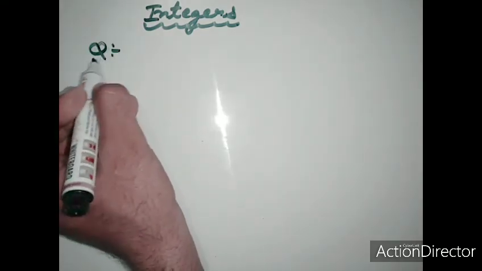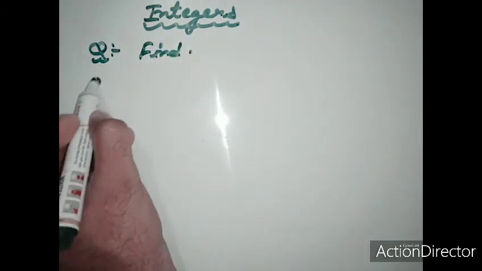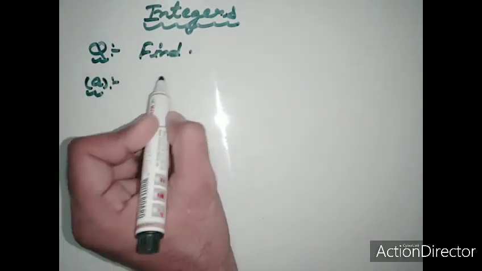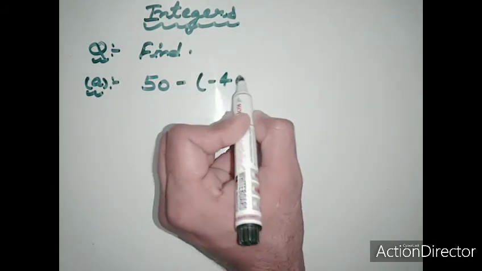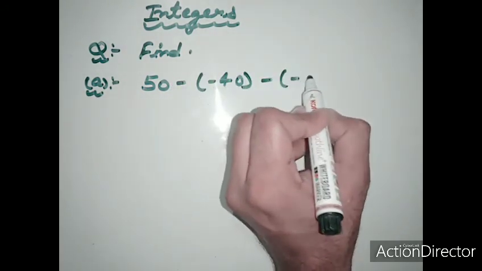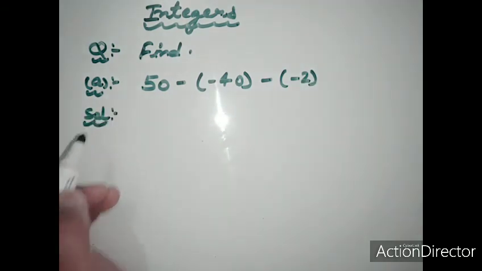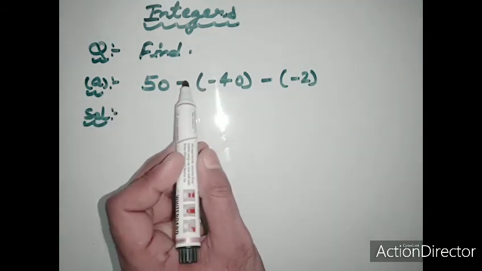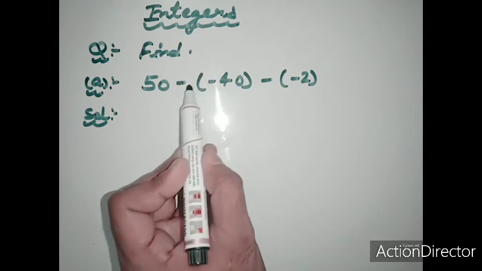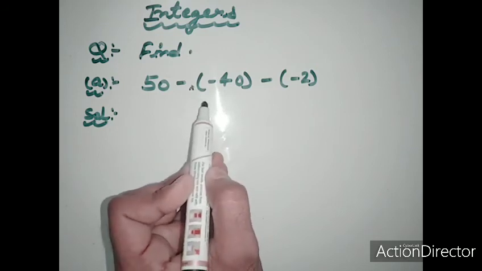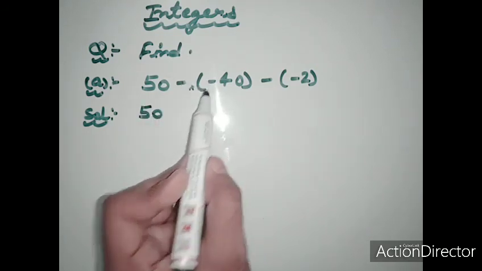Now here the question is, find, and the A part of this question, 50 minus bracket minus 40 minus minus 2. Now students, in the previous worksheets we already told you, first we solve this bracket, right? In these two symbols we have a multiplication symbol, and you all know that minus minus in multiplication is plus.